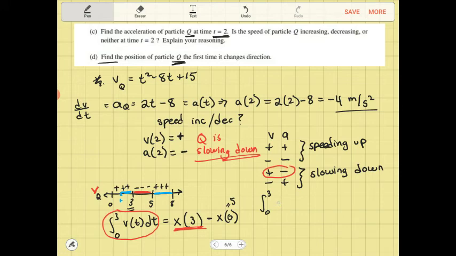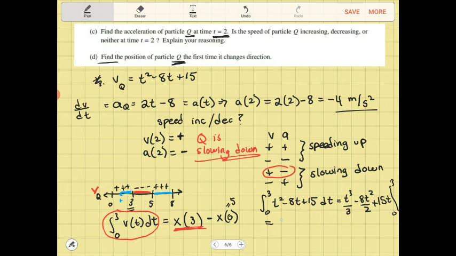I guess I will do it anyway. The integral from 0 to 3 of t squared minus 8t plus 15 dt. This integral is going to be t cubed over 3 minus 8t squared over 2 plus 15t, from 0 to 3. We'll plug in 3, and then we'll plug in 0. When we plug in 0, we get absolutely nothing. As I always say, 0 means nothing to me.